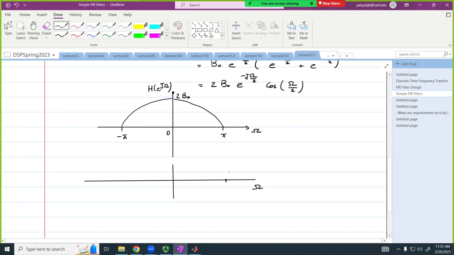When omega is pi, the phase is going to be negative pi over 2. And when omega is negative pi, it is going to be pi over 2.